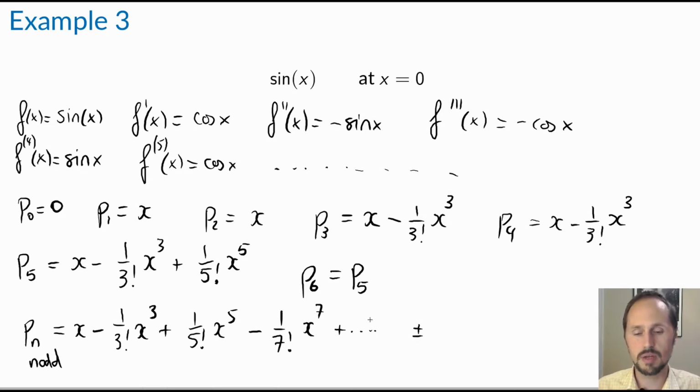And at the end, depending on the parity of n, we will get something that looks like 1 over n factorial x to the n when n is odd, right? And we just alternate these signs. So this is going to give us the Taylor polynomial for sine of x for general n.